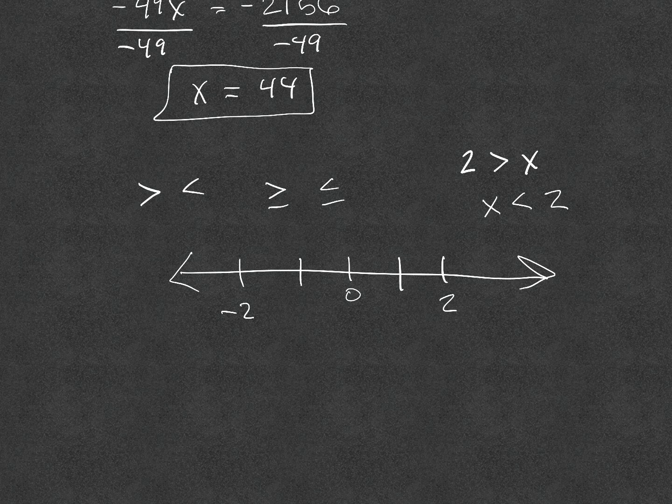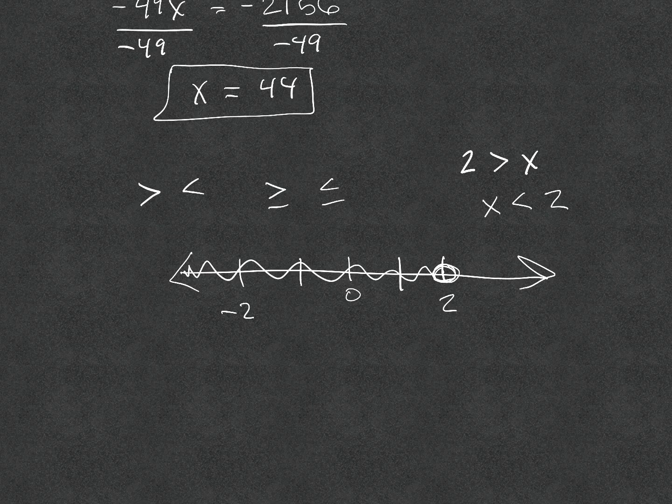So I find my 2, and it's less than 2, so it's all of this, and you probably did the dots, right? An open dot is less than or greater than, which means it does not include the 2. And if you filled it in, it would mean that you did include the 2. Here we're not including the 2 because there's no or equal to sign there.